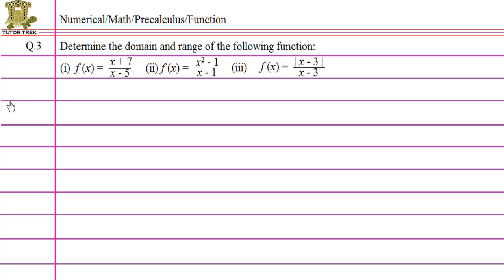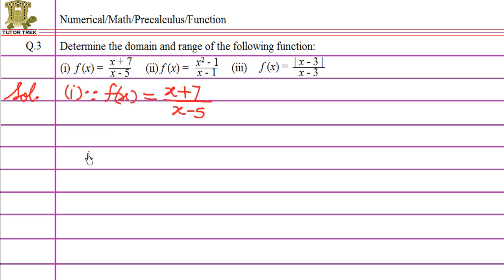So we start with sub question 1 here. So we get the solution for this. First question, we are saying that f of x is equal to x plus 7 over x minus 5, because this is given to us.